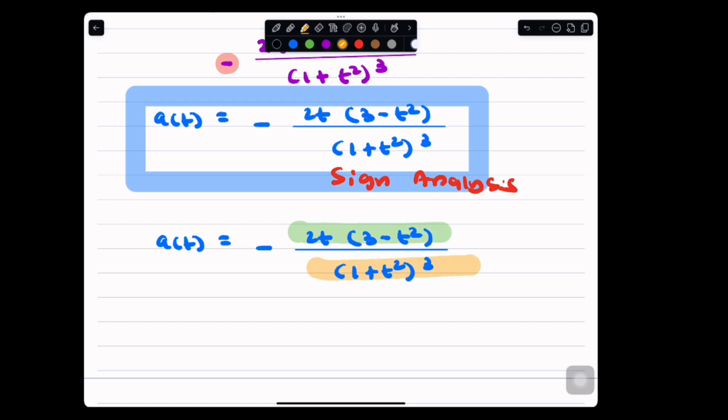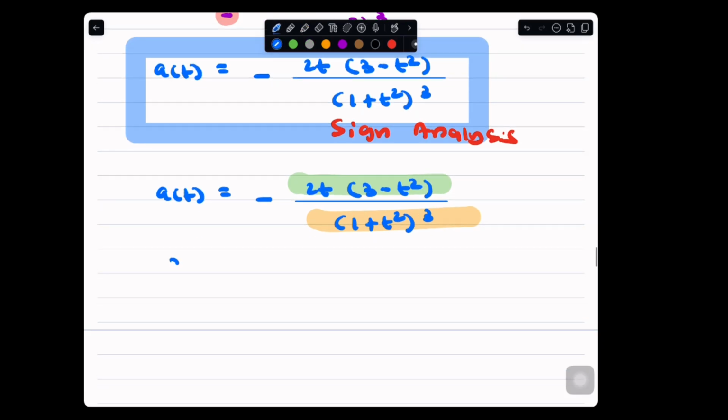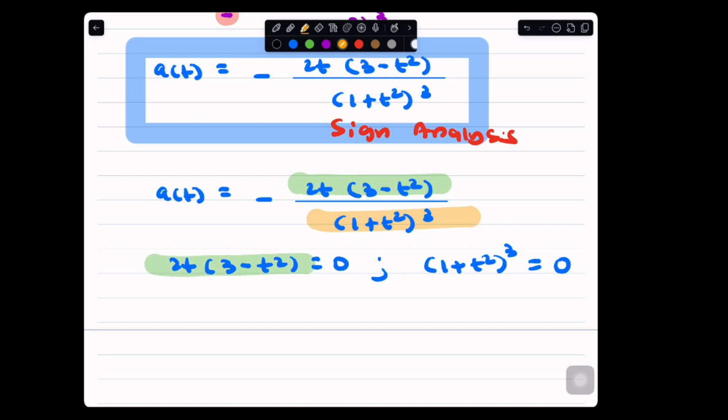Where is the denominator 0? 2t minus 3t squared is 0, and the other section is 1 plus t squared cubed equals 0. So we're doing sign analysis. So just kind of take a look at that. I wanted to go only here for the numerator. Take a look at the denominator.